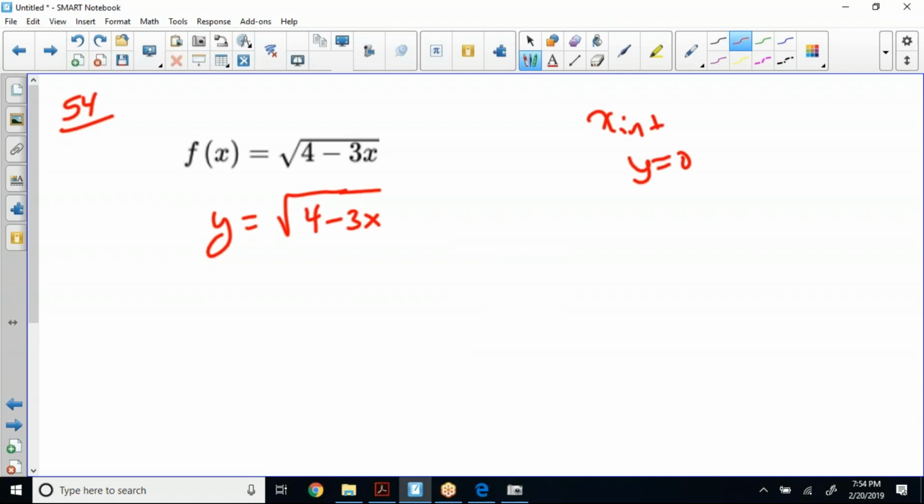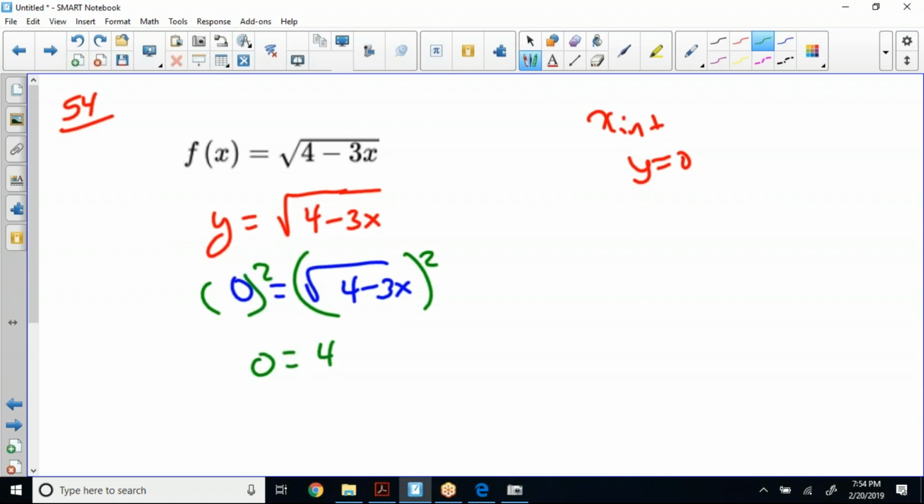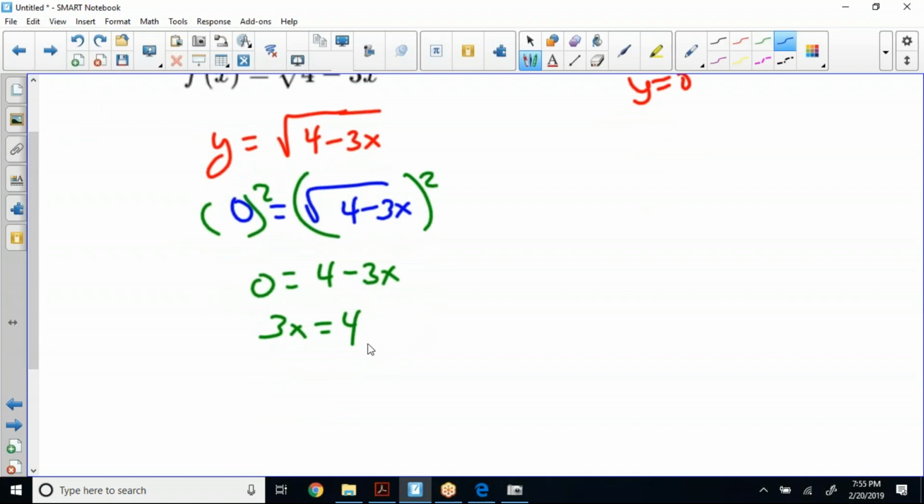Y'all agree? So if I've got to find the zeros, then my y equals 0. How did I get rid of the square root? I'm going to take this 3x to the other side. And then, of course, divide by 3, so x equals 4/3, right? That's the zero.